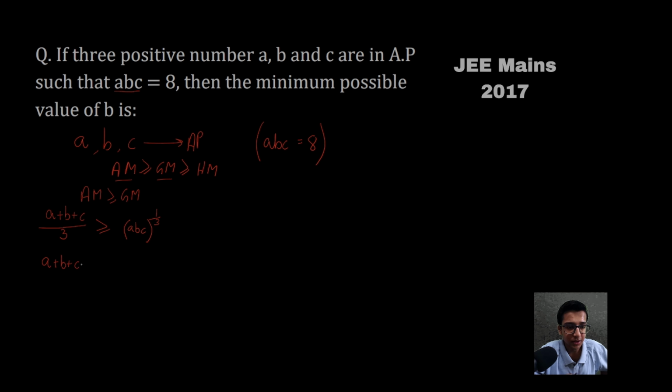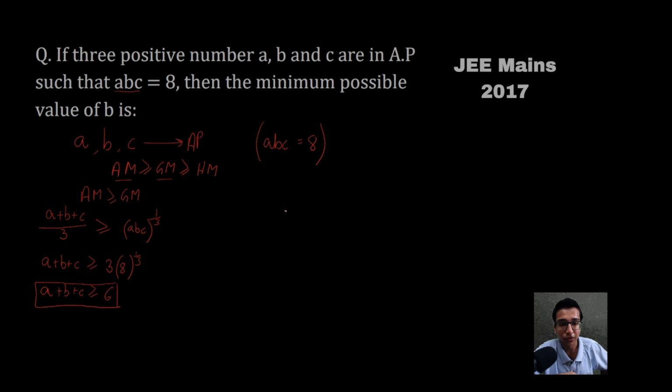A plus B plus C by 3 is greater than or equal to the cube root of ABC, which is given as 8, and we know the cube root of 8 is 2, so 3 twos are 6. So this is the first relation that we've got.